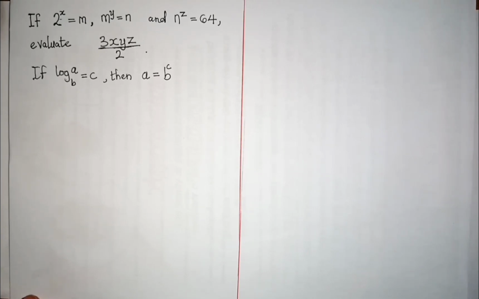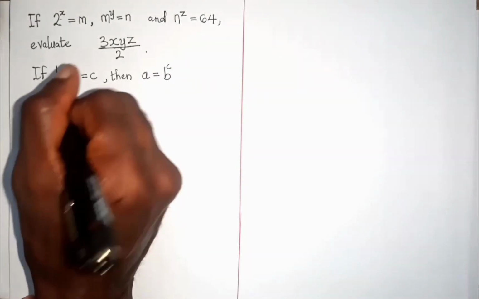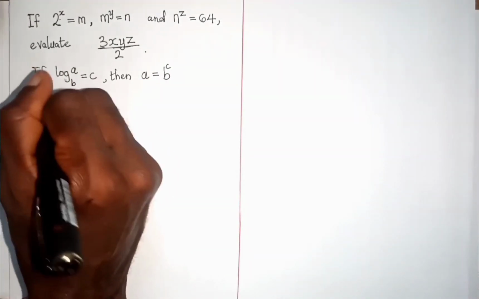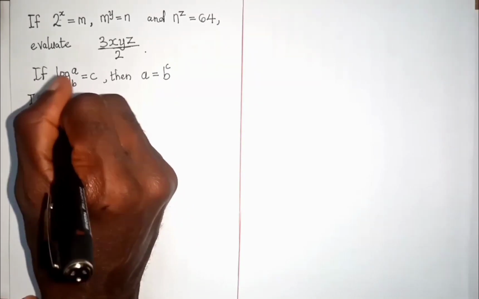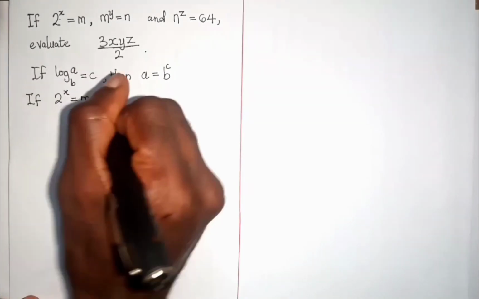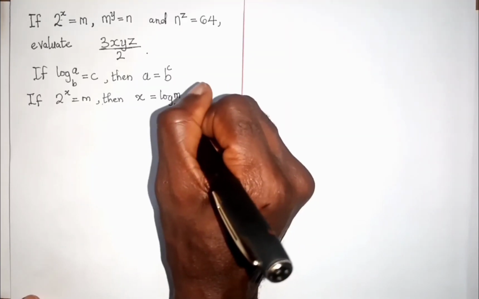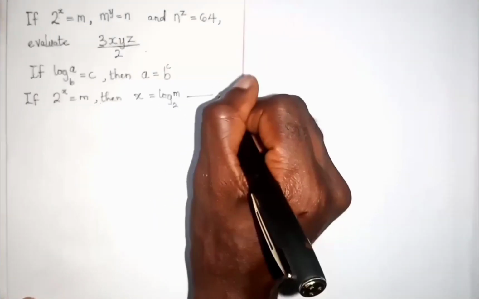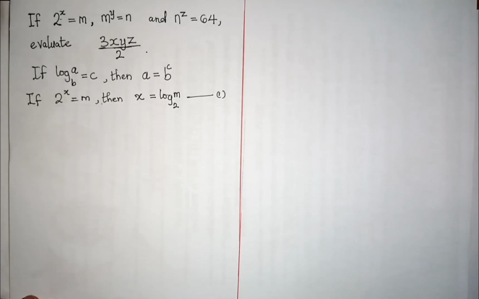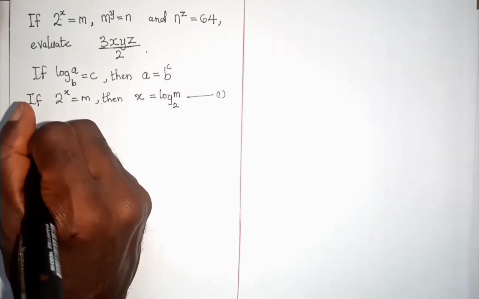Starting from 2 raised to power x: if 2 raised to power x equals m, then x must be equal to log m to the base of 2. Let's call that 1. The second one is m raised to power y.